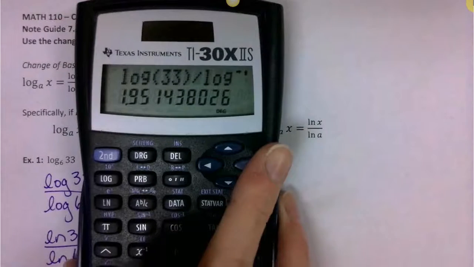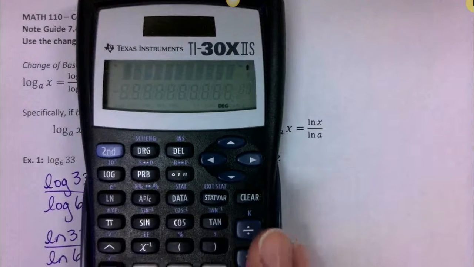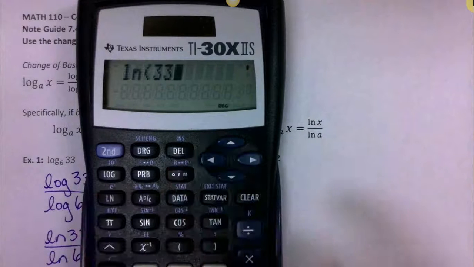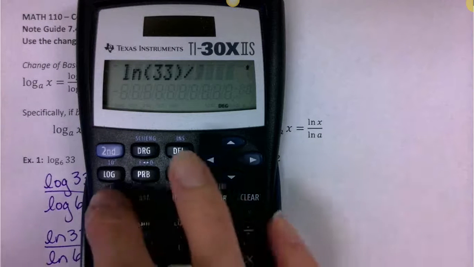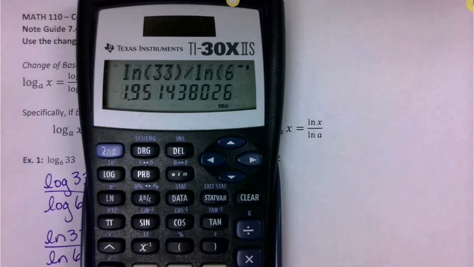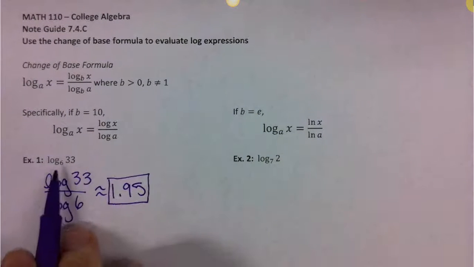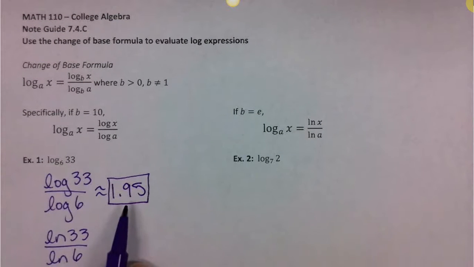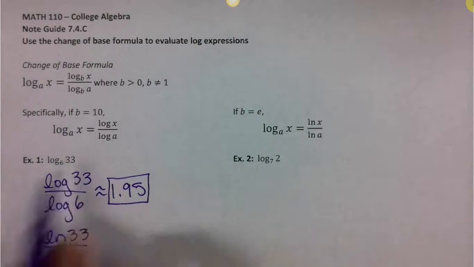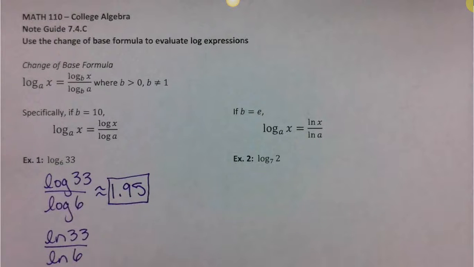And again, if I use the natural log button instead of the common log button, you see we still end up with the same thing. So it's totally your preference which of the two you want to use. But what that is telling me is that 6 raised to the 1.95 will give me approximately 33.